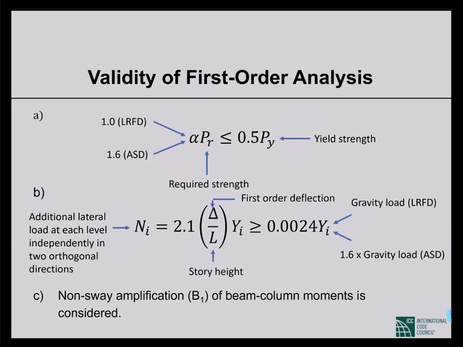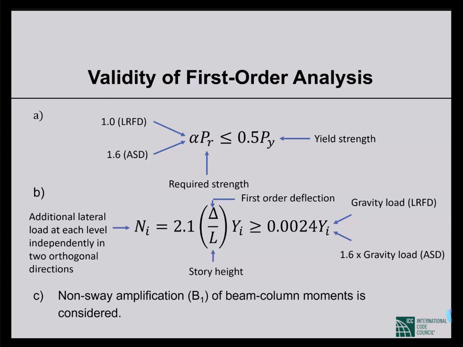So now, first order analysis. These are the conditions. This is the first one: if the strength is so high, that is, the required strength, the demand, is much smaller than the actual capacity of the section, then of all the sections, we can go for first order analysis.